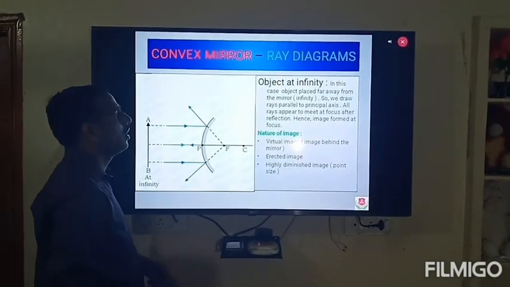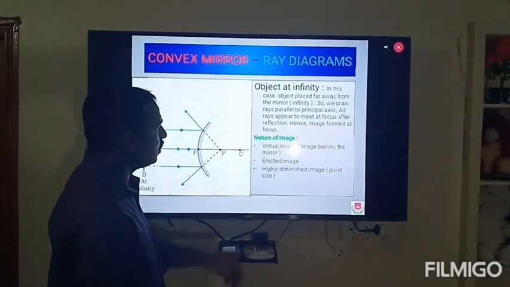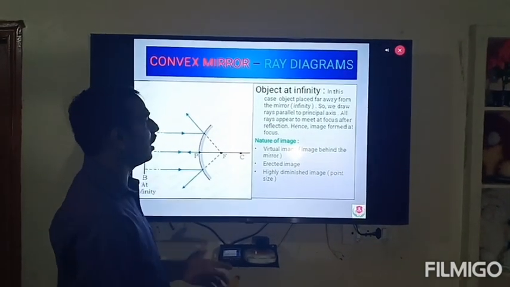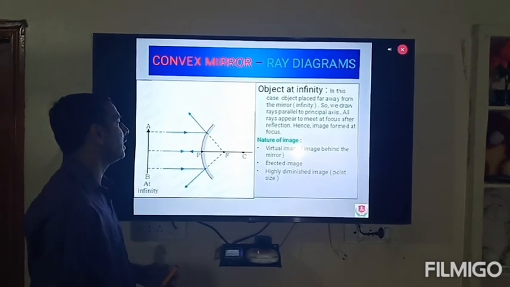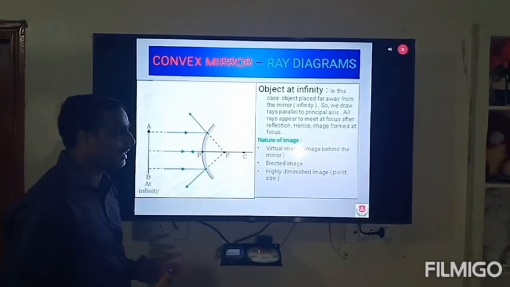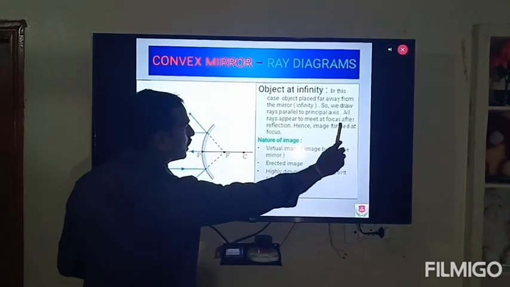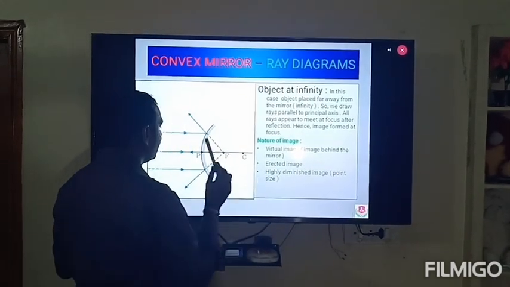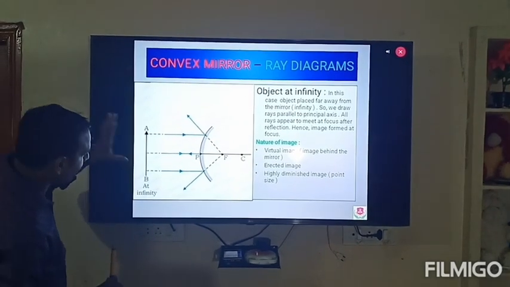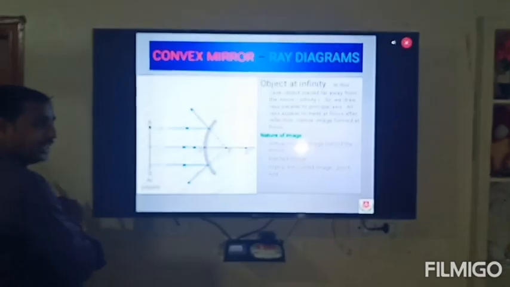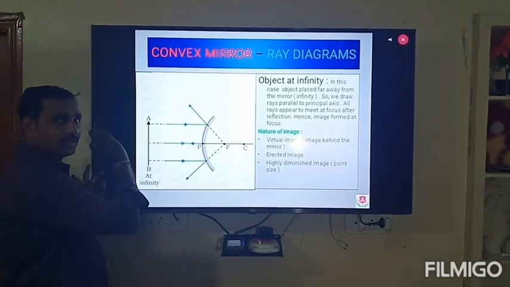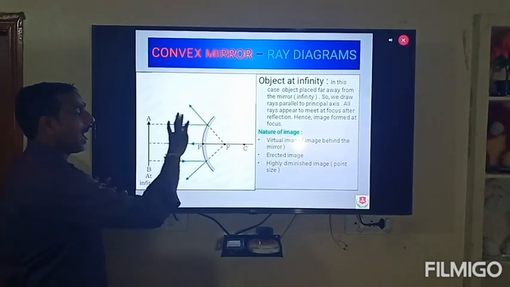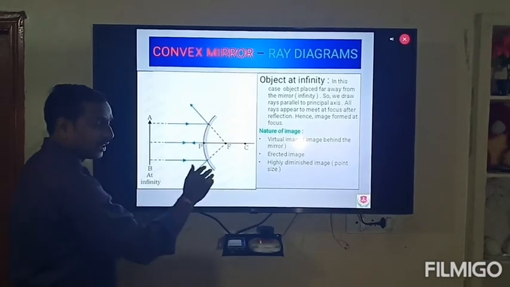The first one, object at infinity. In this case, the object is placed far away from the mirror, means at infinity. So we draw rays parallel to the principal axis. All rays appear to meet at focus after reflection. See here, AB is the object. At infinity, I already told that only the parallel rays can reach the surface.